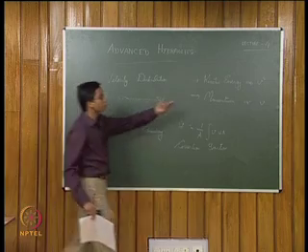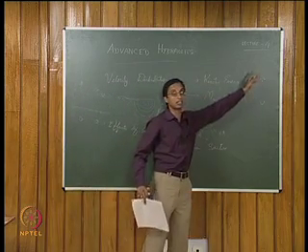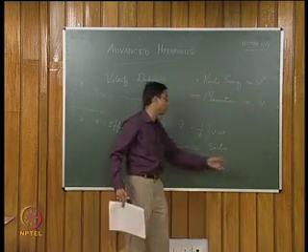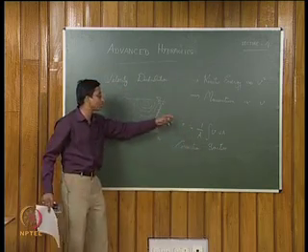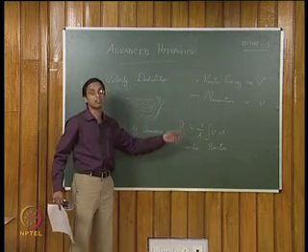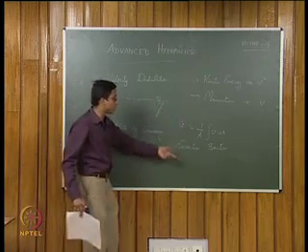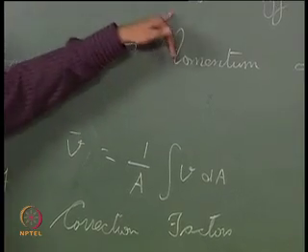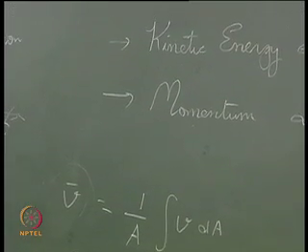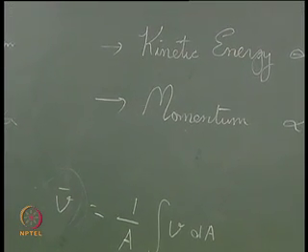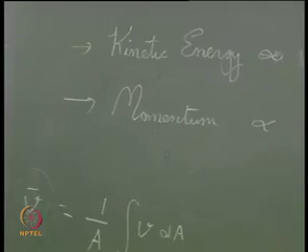Due to these higher order properties, you cannot directly incorporate the average velocity for the entire cross section. You need to incorporate a momentum correction factor and a kinetic energy correction factor while you compute the energy transfer or the momentum transfer.